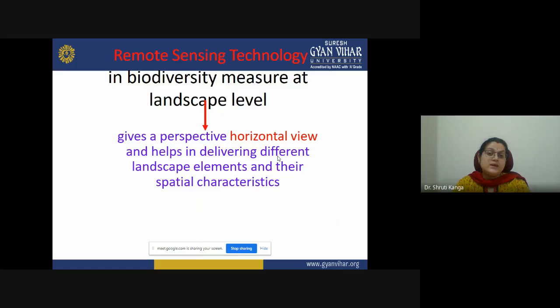So remote sensing technology, how it is being used in biodiversity measurement at landscape level, as it gives a perspective or a horizontal view.